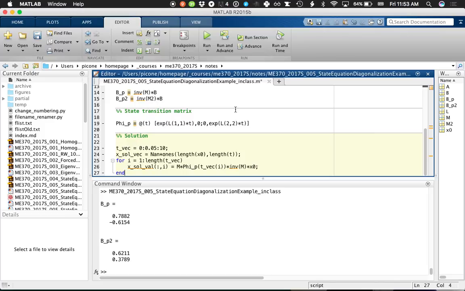And that should populate. So now all we need to do is plot it, okay?